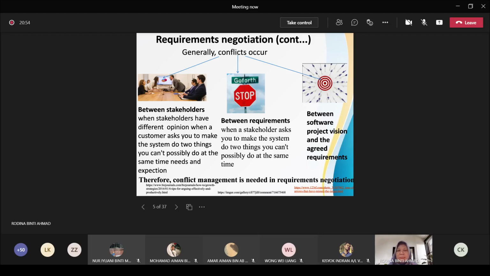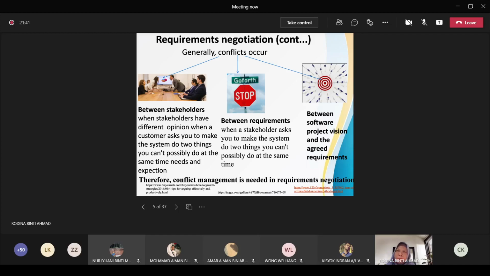When one stakeholder asks you to make the system do something, and another stakeholder comes in and asks you to implement other functionalities, there is a possibility that the functionality requested by stakeholder A might conflict with the functionality requested by stakeholder B. So that can also be a conflict between requirements. Sometimes conflicts can also occur between the agreed requirements and the project vision.